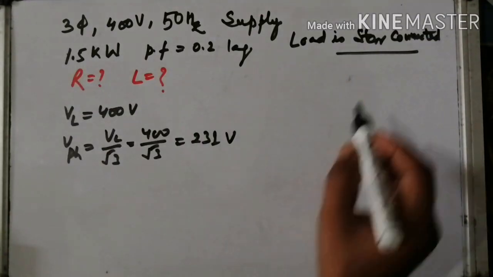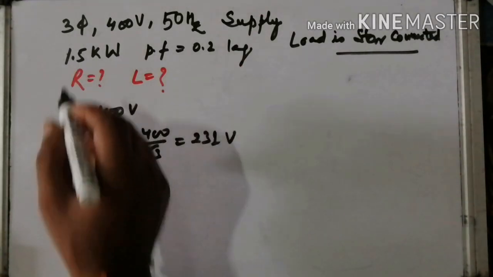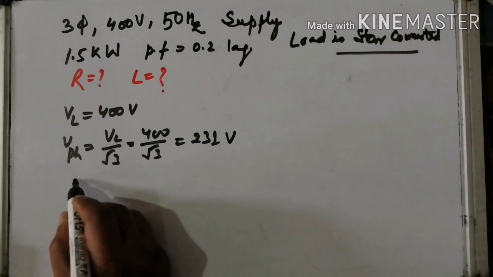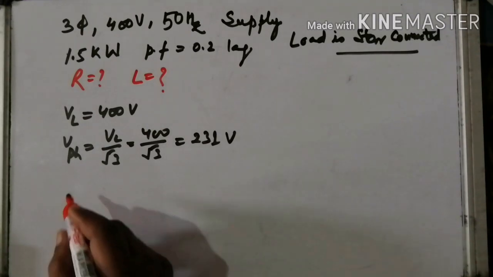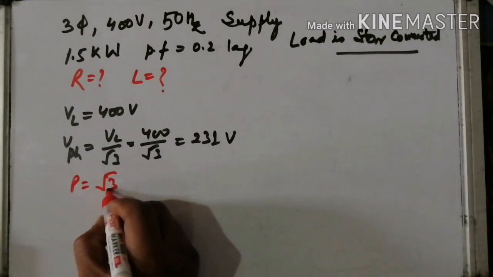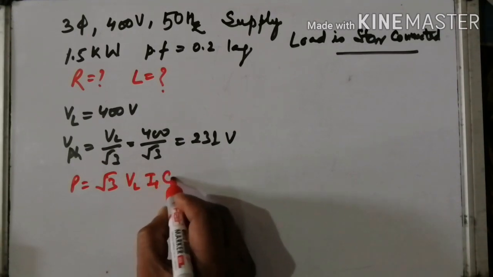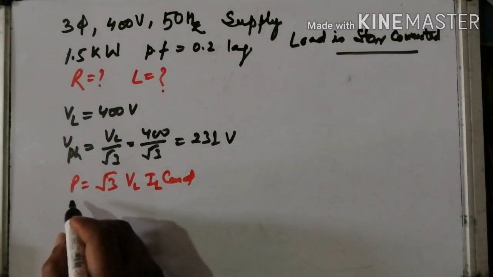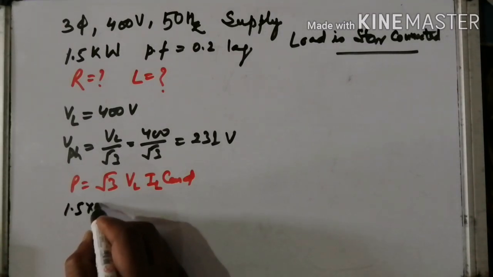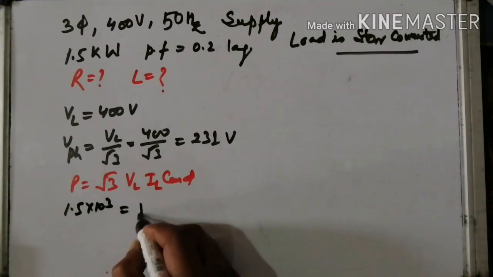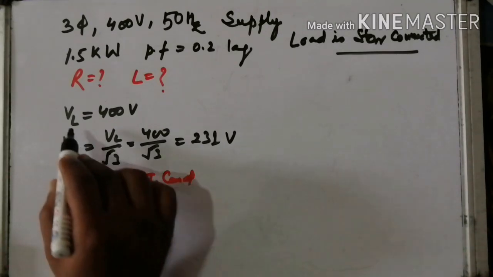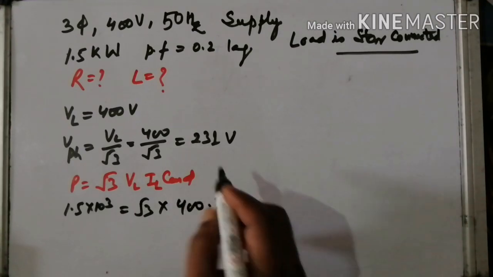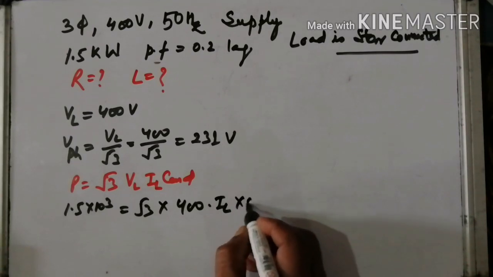Power which is consumed by the load is 1.5 kilowatt. The formula for the power is P equal to root 3 VL IL cos phi. Right? So 1.5 into 10 to the power 3 equals root 3 into 400 into IL, and the value of cos phi is 0.2.